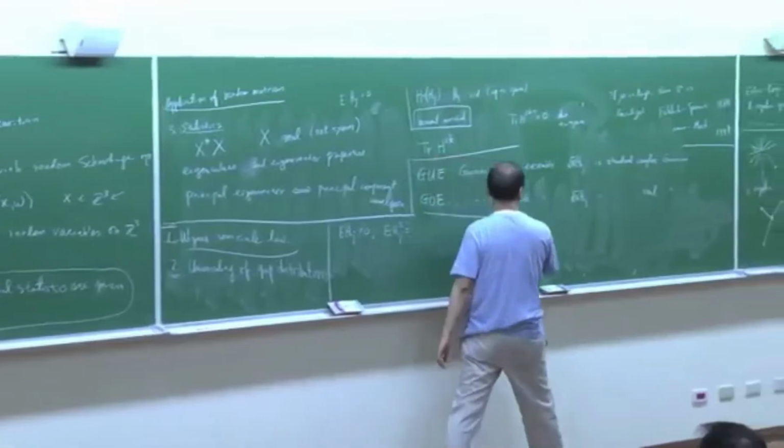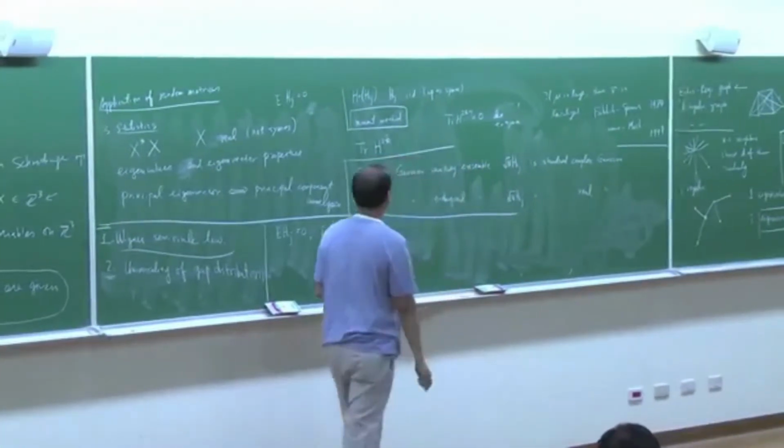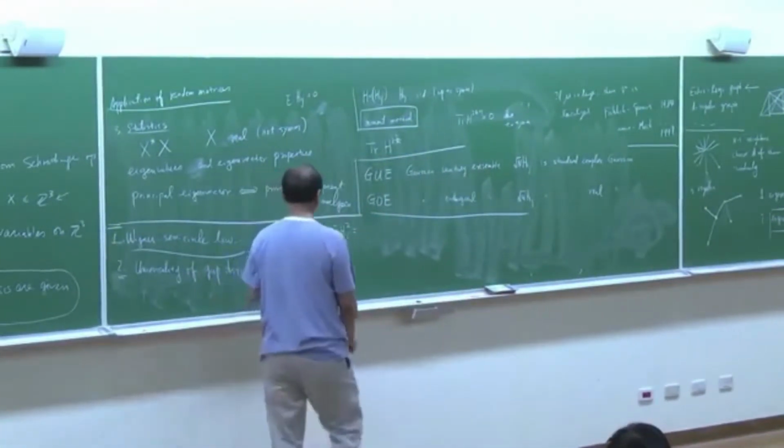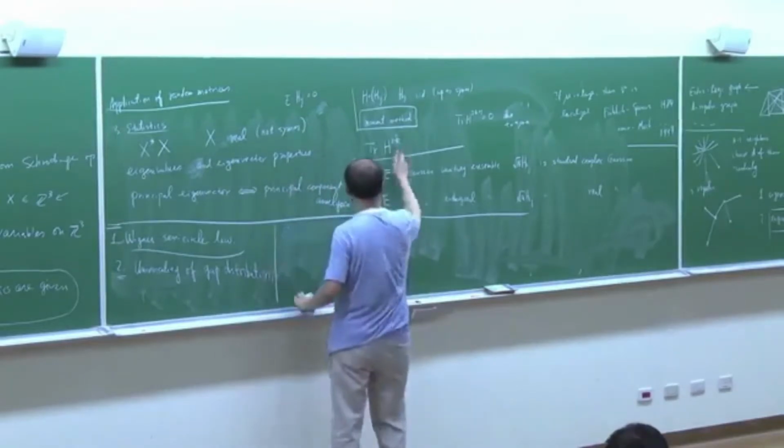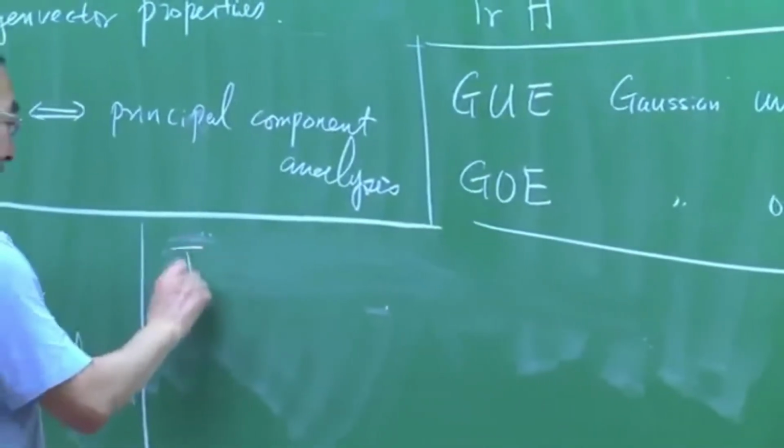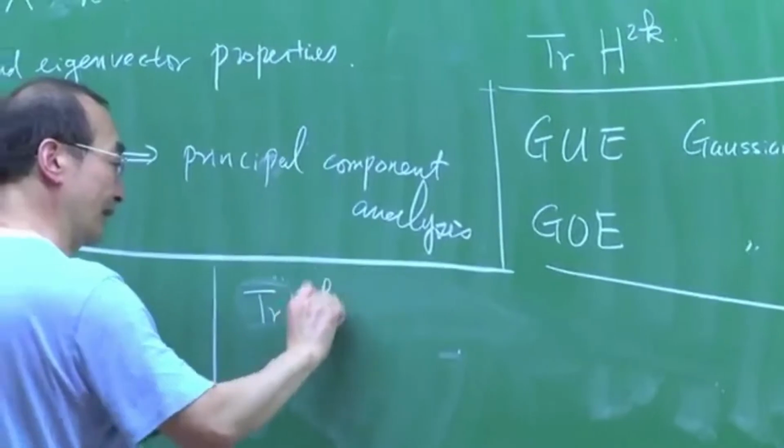All right, so let's compute this trace of H to the 2k.